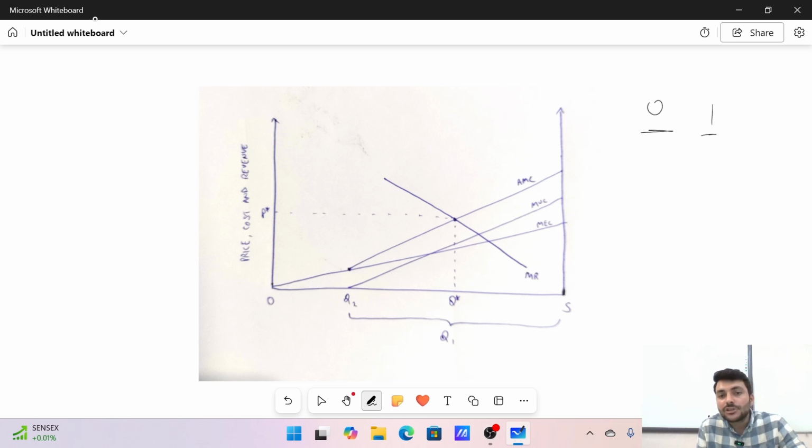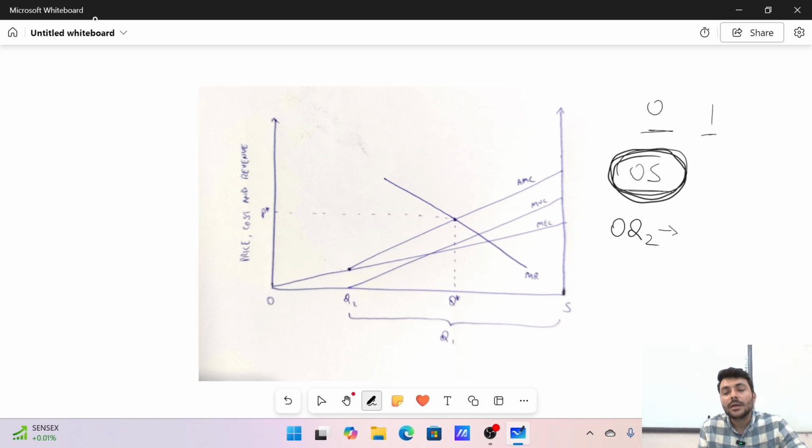And the overall stock of the exhaustible resource that is available is OS, as can be seen by these two vertical lines. These two vertical lines are representing that the overall stock is a fixed number. From origin to S, we have the fixed stock of exhaustible resource. And on the vertical axis, we are representing price, cost, and revenue. So OS is the overall stock available with us.